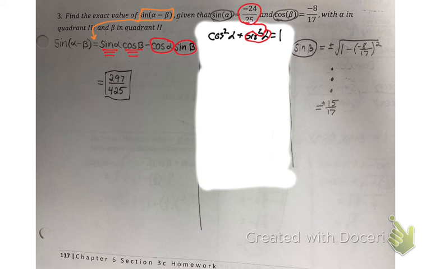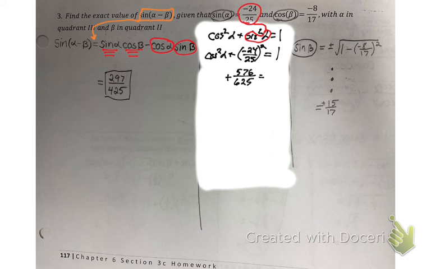So now I'm going to have cosine squared alpha plus a negative 24 over 25 squared equals 1. What happens when I square a negative? It becomes positive. What happens when I square 24? 576 over 625. That makes more sense.